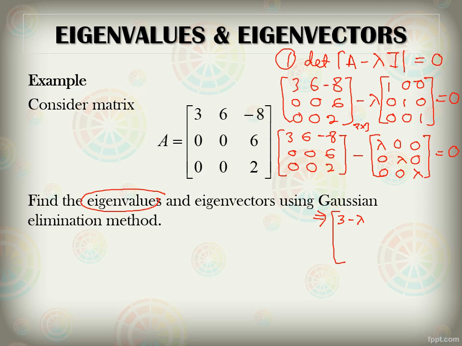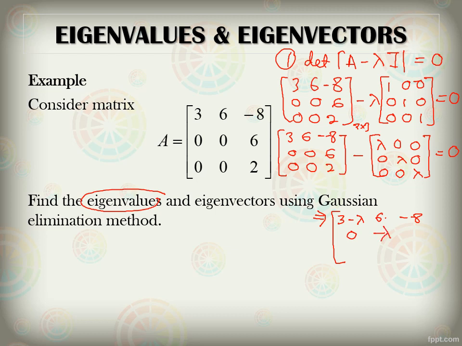Next, the second element 6: 6 minus 0 is 6. Minus 8 minus 0 is minus 8. Then 0 minus 0 remains 0. 0 here minus lambda is minus lambda.